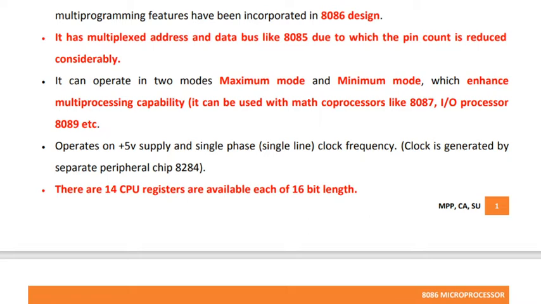Some of the other features of Intel 8086 microprocessor include that it operates with 5 volt power supply and single phase clock frequency. It has 14 CPU hardware registers which are of 16-bit length.